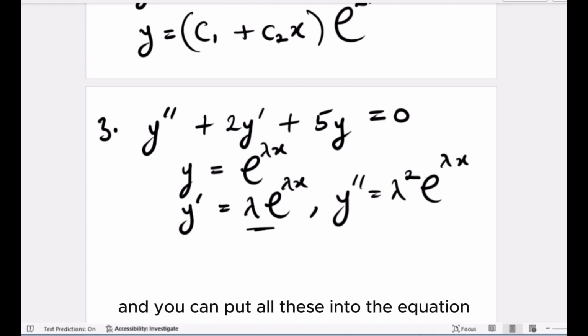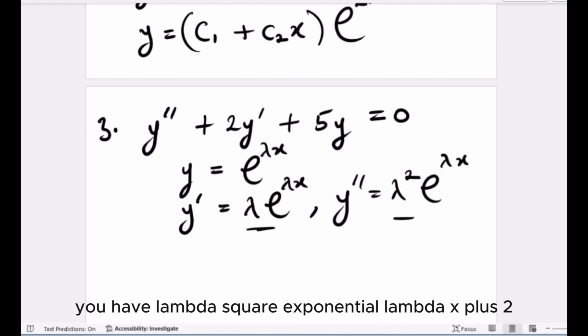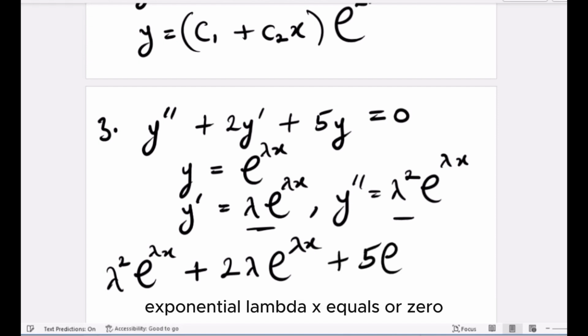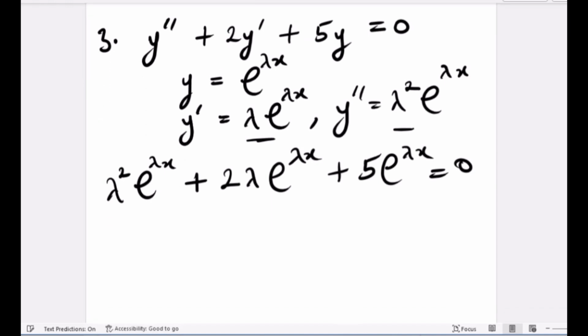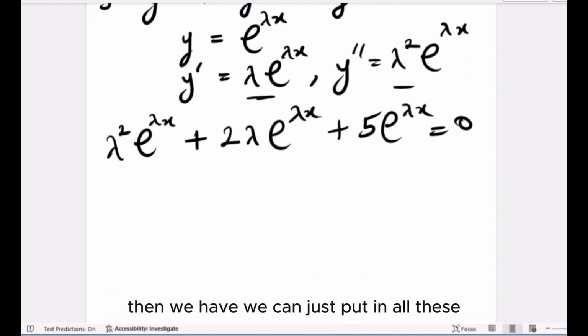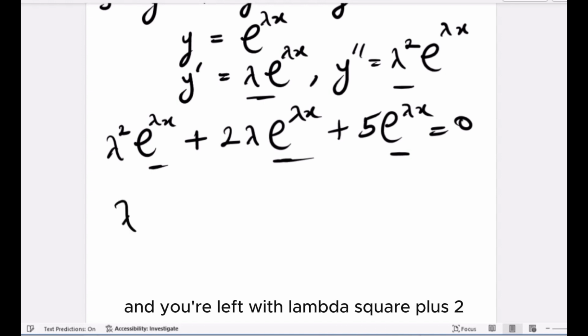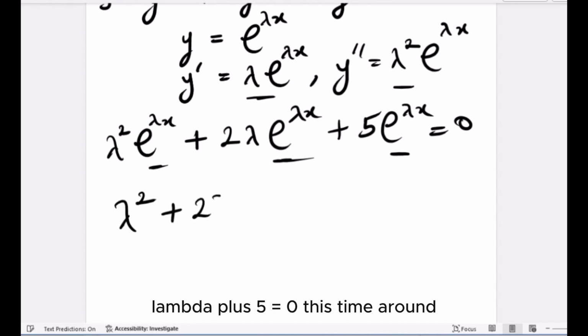Put all these into the equation: lambda squared exponential lambda x plus 2 lambda exponential lambda x plus 5 exponential lambda x equals 0. Then we take out the exponential, and you're left with lambda squared plus 2 lambda plus 5 equals 0.